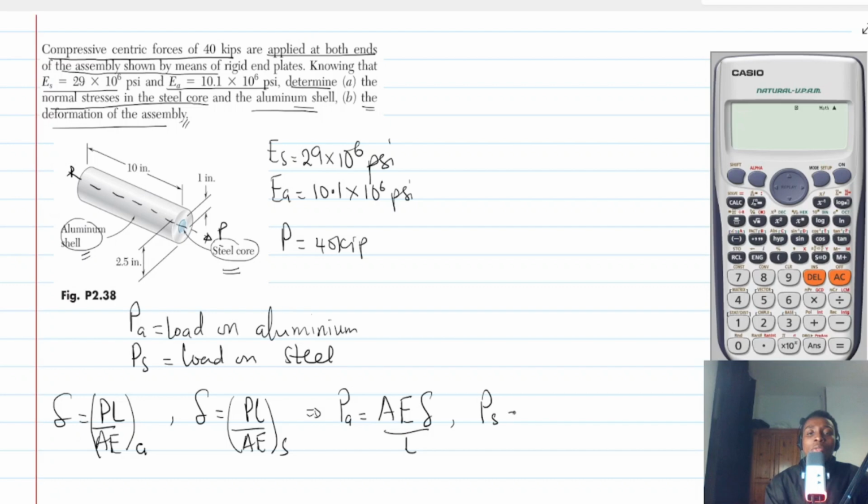Again, for the steel, we are going to get the same thing, but this is for aluminum and then this is for steel.